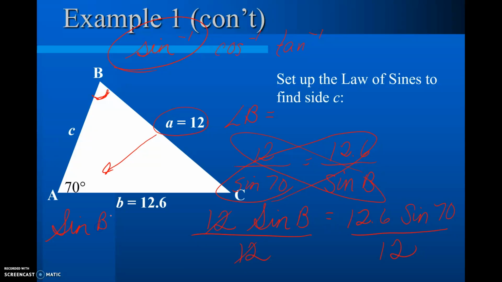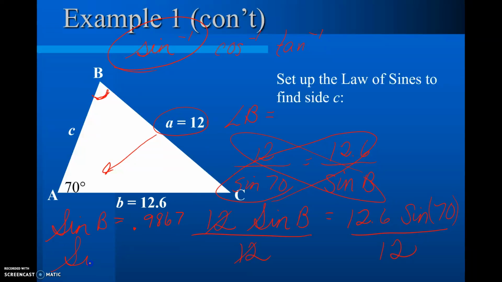When we put this into the calculator, you're going to get a decimal. So 12.6 sine 70, making sure we put the parentheses around the 70, divided by 12, gives us the ratio, 0.9867. Obviously it's a little bit longer, but that's the ratio. We want to know what angle has this ratio.